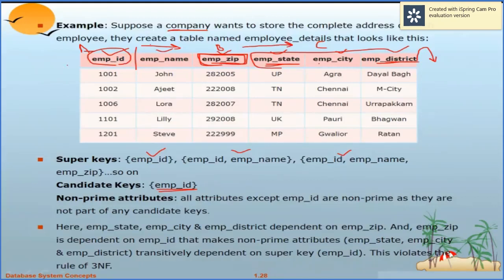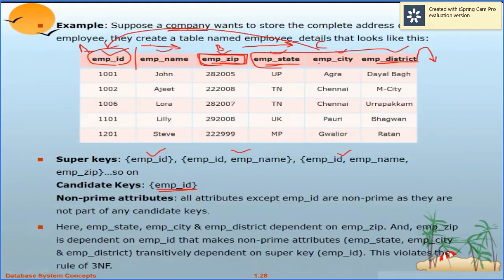Now, don't you think this employee ID is also determining employee state, employee city or employee district? Or let me say this way. This employee state, employee city, and employee district are not only depending on B, they are also depending on A in an indirect manner. You agree with me?